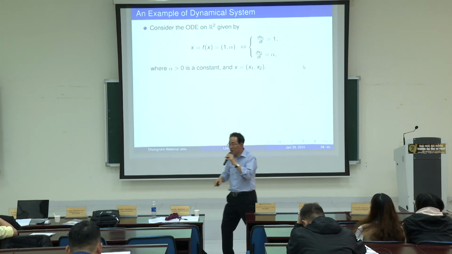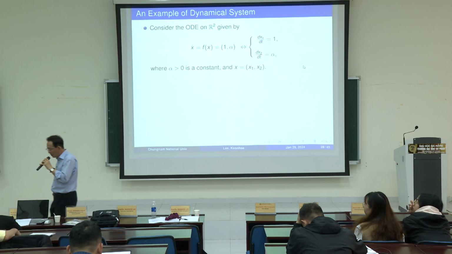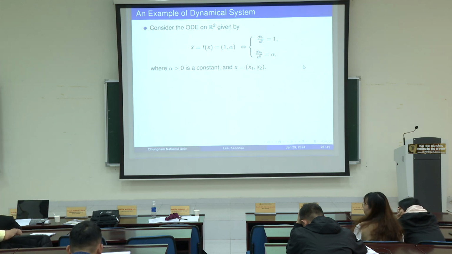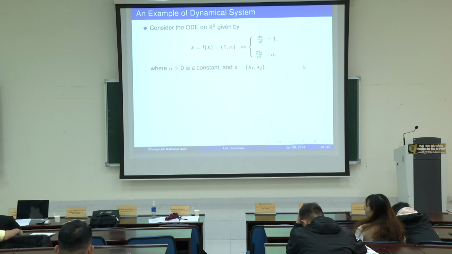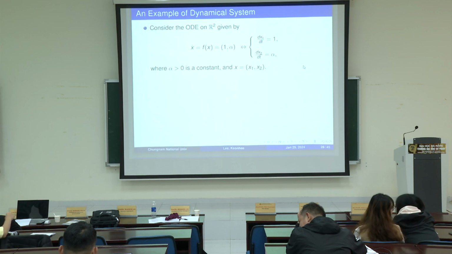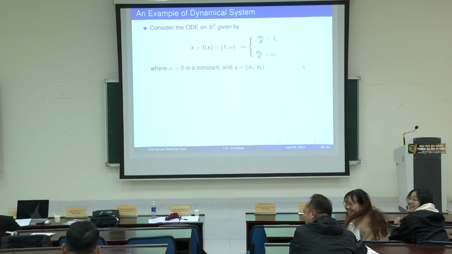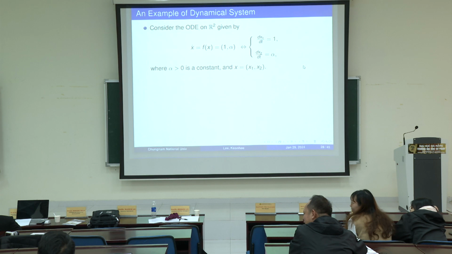What's the Vietnamese word for system? System of differential equations: not only one equation, two equations, three equations. That is a system. The system of differential equations in Vietnamese is hệ phương trình vi phân.